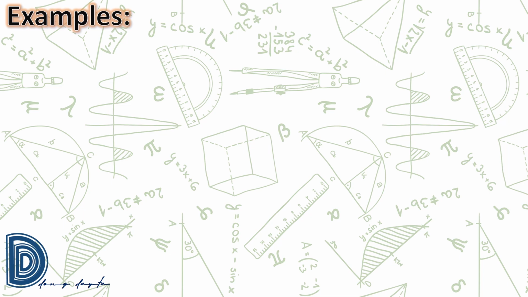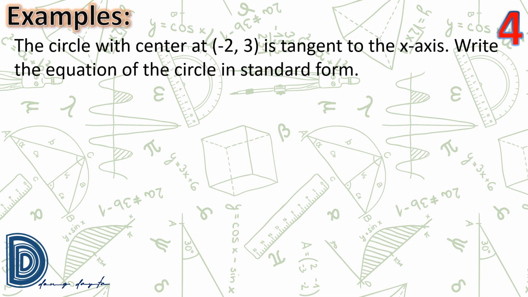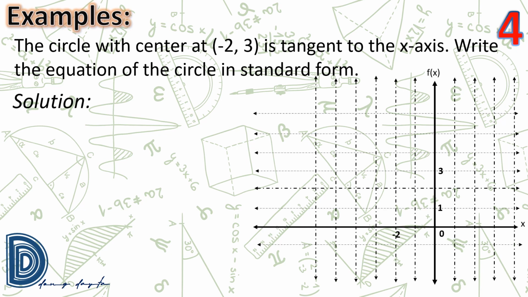Example number 4. The circle with center at negative 2, 3 is tangent to the x-axis. Write the equation of the circle in standard form. This time, let us have the circle plotted on a rectangular coordinate system.